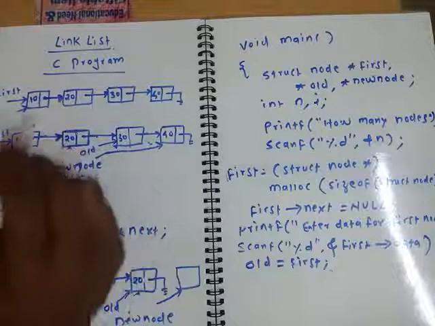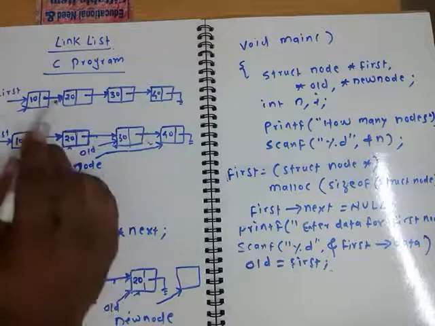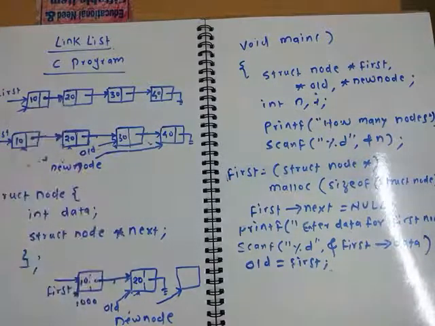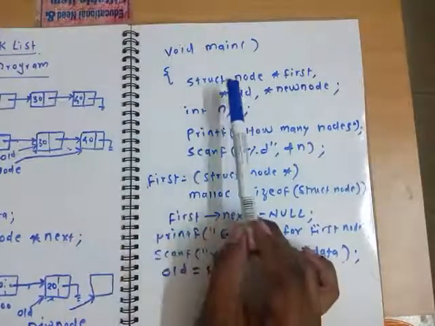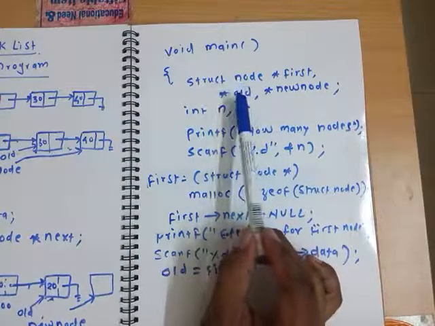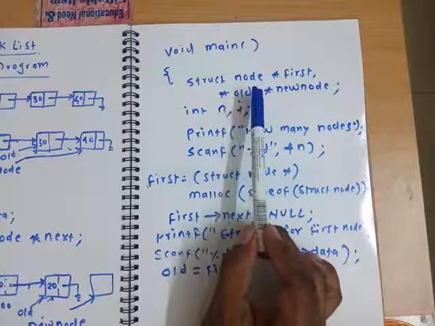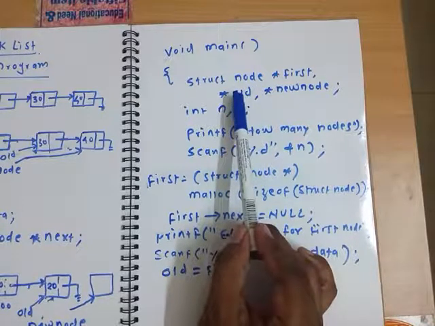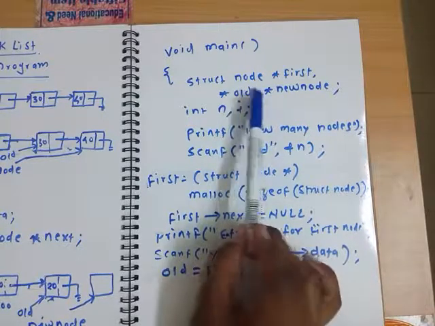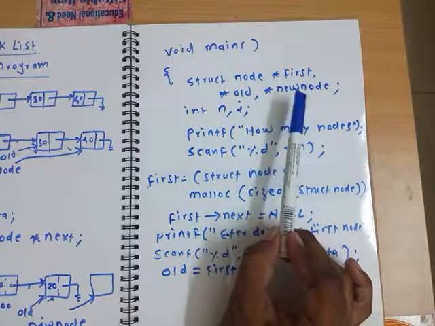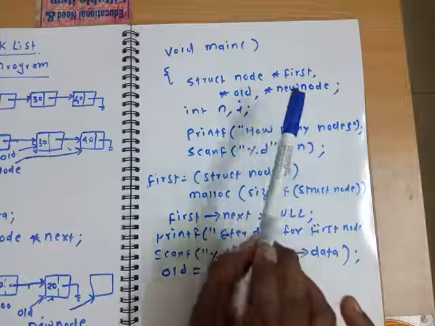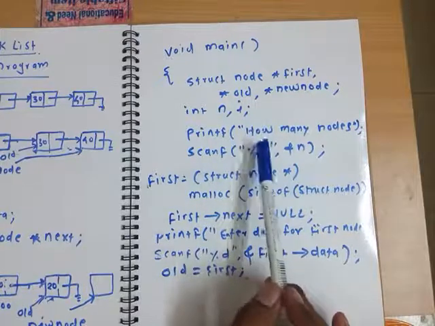The data part stores data, and the next pointer points to the next node in the linked list. Now, after declaring this structure, we go to main, right? We need 3 pointers. As we said, the first pointer will always remain on the first node. The old pointer will be used to create the links, and the new node pointer will be used to demand memory for new nodes. We will ask the user how many nodes they want to create.